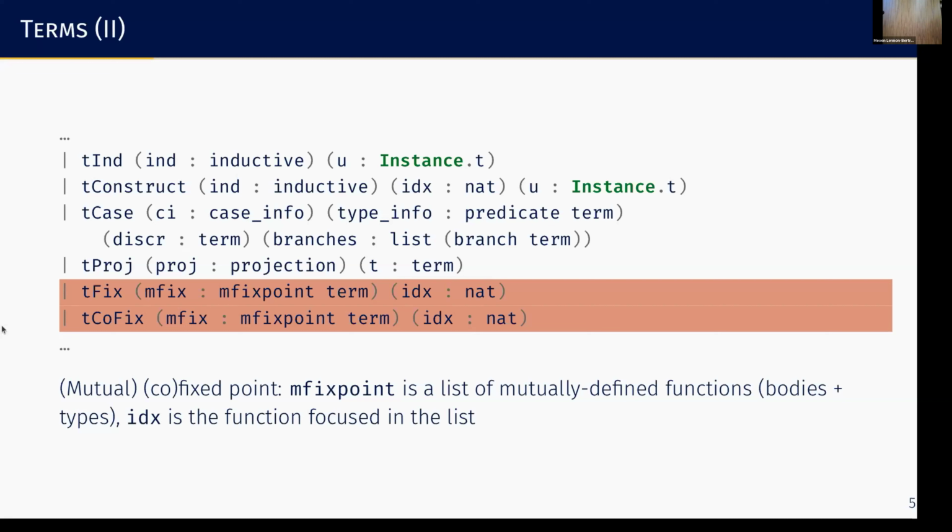And then, just like for constructors, you have something that identifies which function in the mutual block we are currently referring to. So if you define mutually, say, an even and odd function, then both of them will be in here, and then you'd have 0 or 1, depending on whether you're looking at the even or odd function currently. And the two are, I think, exactly similar as data types; only typing really changes between the two.